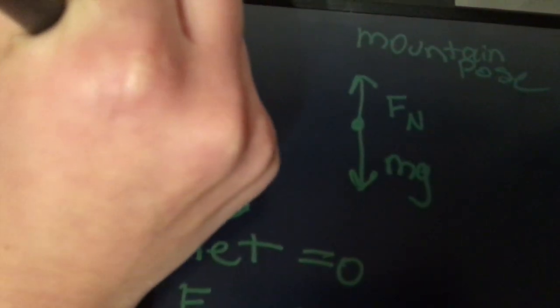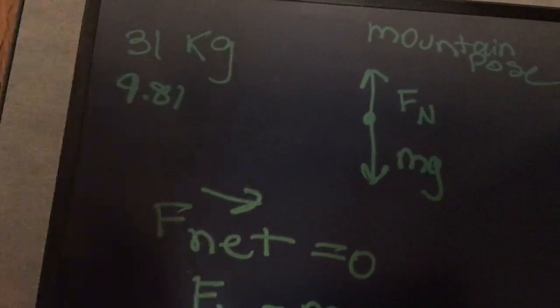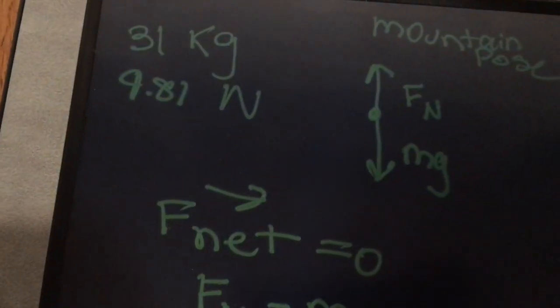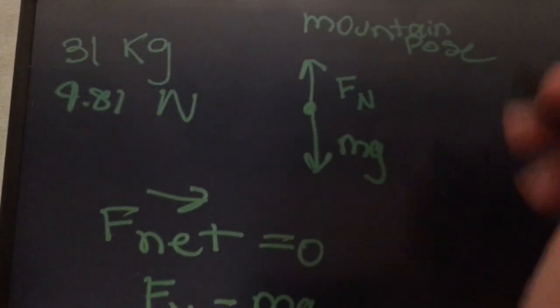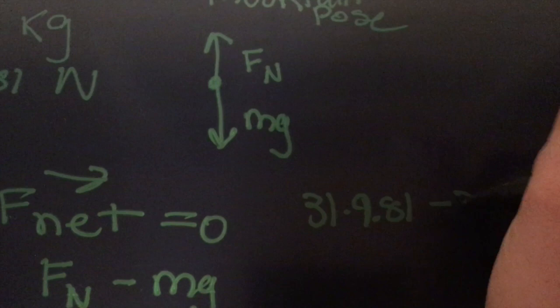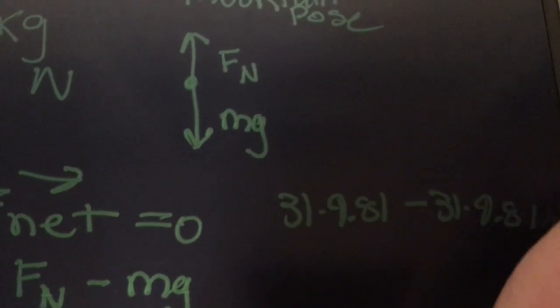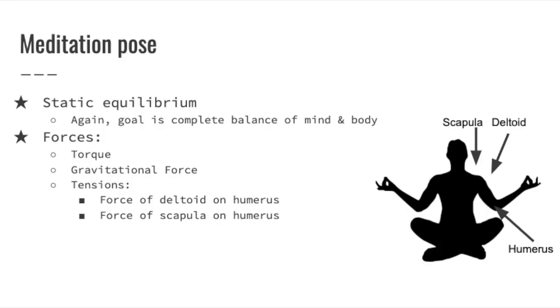And gravity is 9.81 newtons specifically. So how would we do this? We would do 31 times 9.81 minus 31 times 9.81, since gravity and the normal force are equal, would very clearly equal 0.